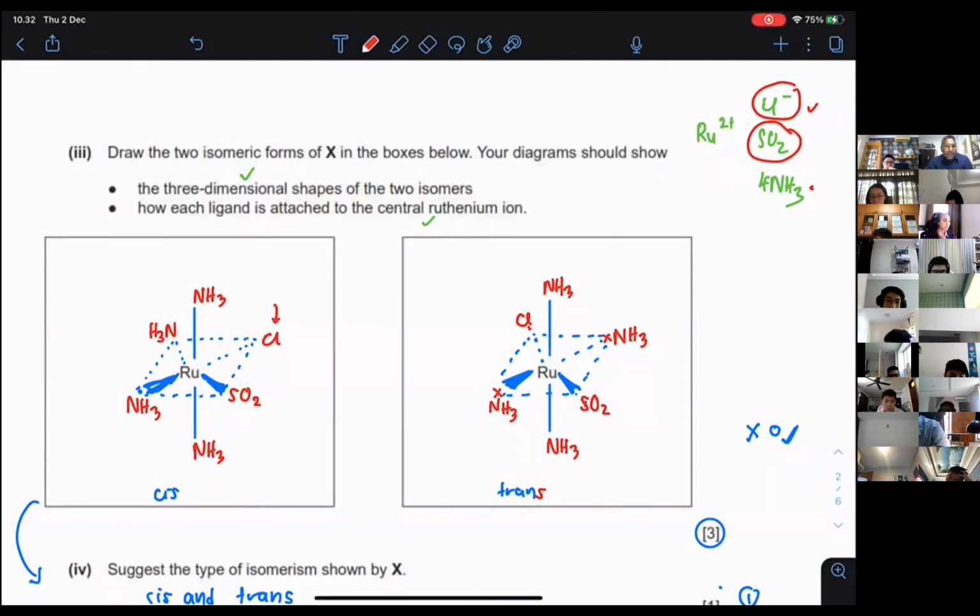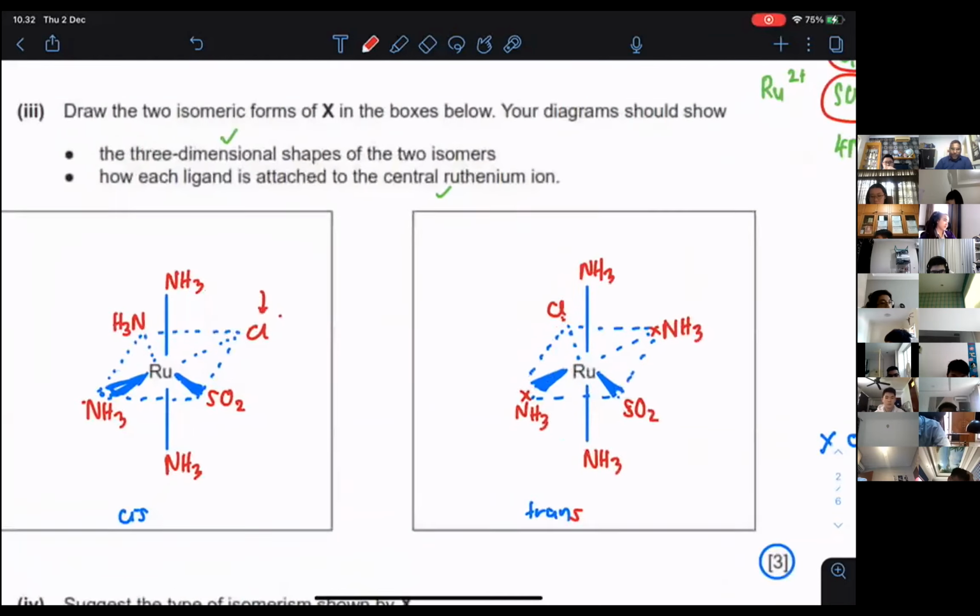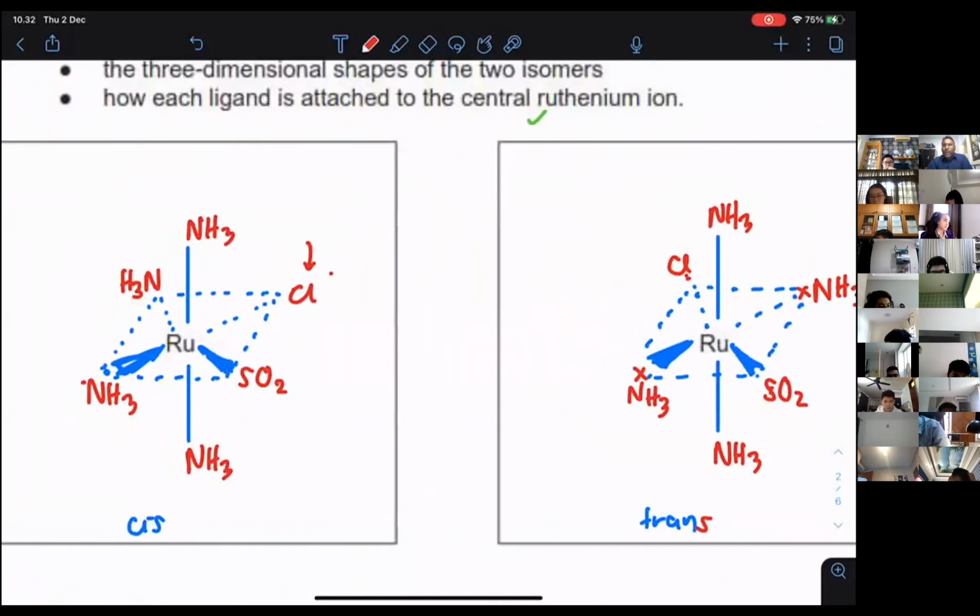The moment you put NH3 in Cl position, what will happen? You are comparing the NH3 to here. So it cannot come over there. The idea is if you have a tetrahedral shape, you should not have more than 2 ammonia in that plane.